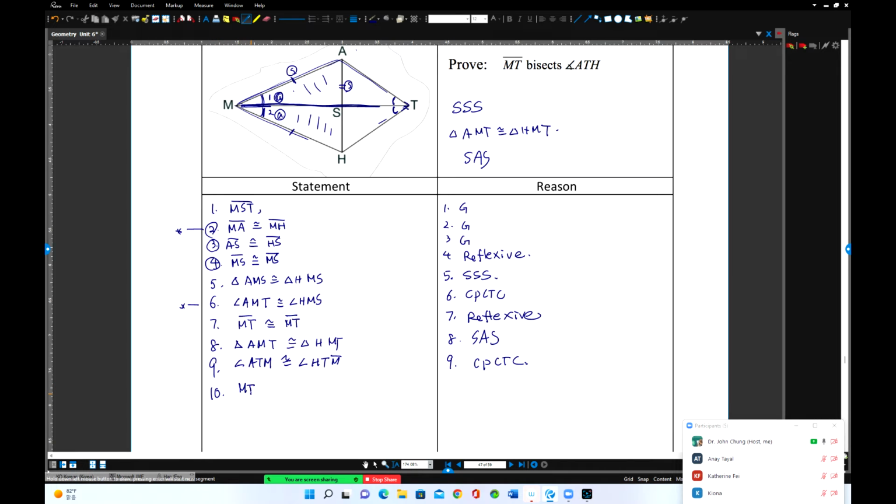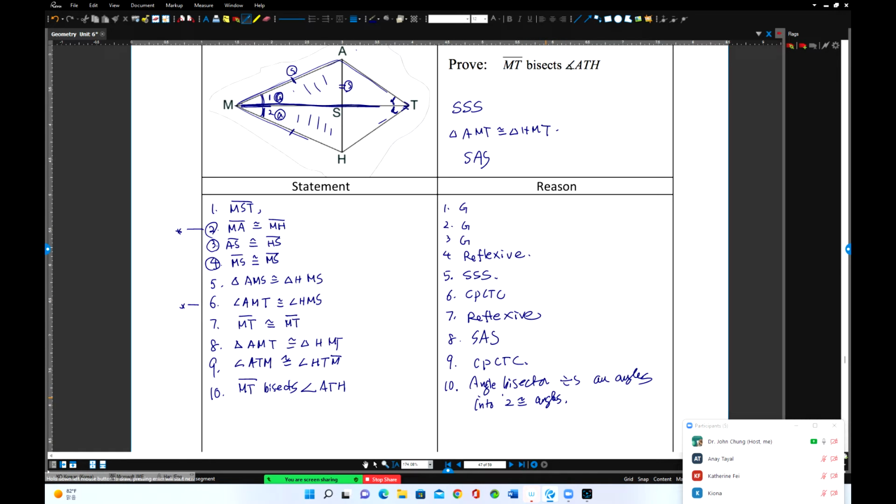Now we make a conclusion, okay? So MT bisects angle ATH. Bisect, right? Because this is from here. They're equal, okay? That's why they bisect the angle. So what is that? Same as before. An angle bisector divides an angle into two congruent angles.